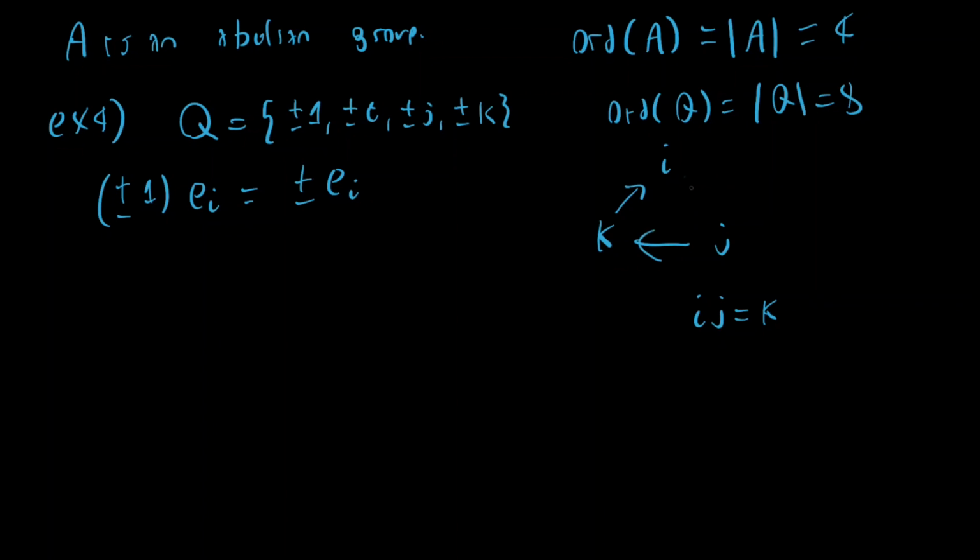But now suppose we want to multiply k times I. We follow the arrows, k times I. The result is j. Now suppose we want to multiply j with I. So we go this time against the arrows, so the result is minus k.